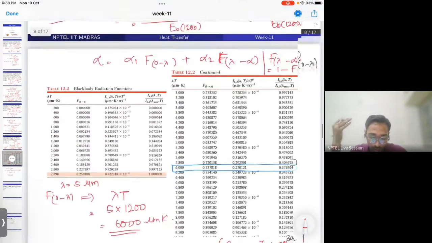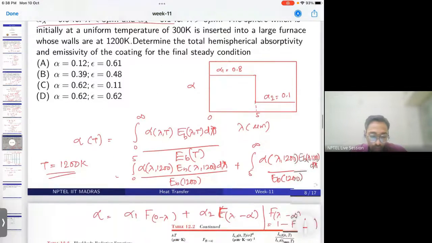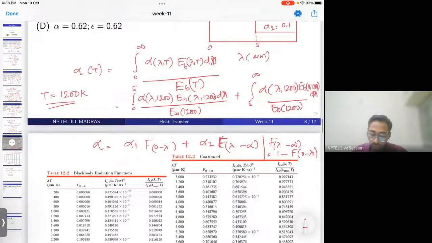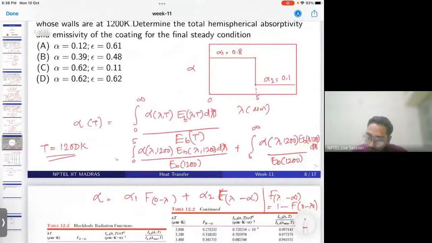So for example, if we are asked to find out the initial case, then alpha will not be equal to epsilon in total. The procedure for finding out alpha will be the same, and epsilon will also be the same, because alpha lambda is equal to epsilon lambda. This is true for any case.